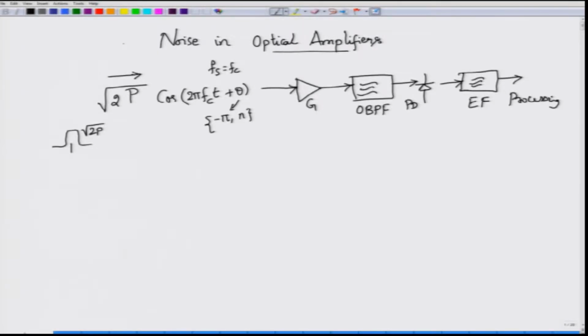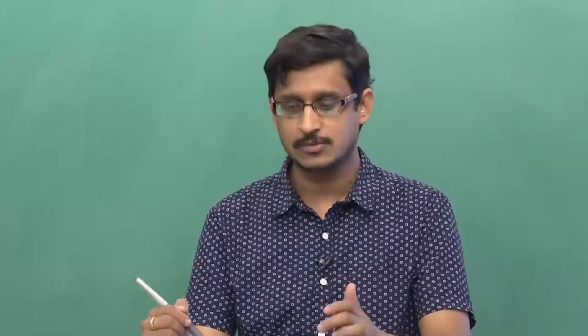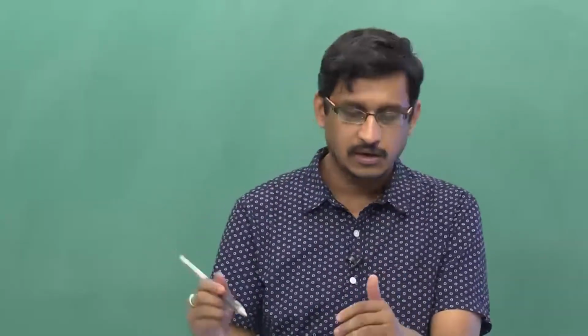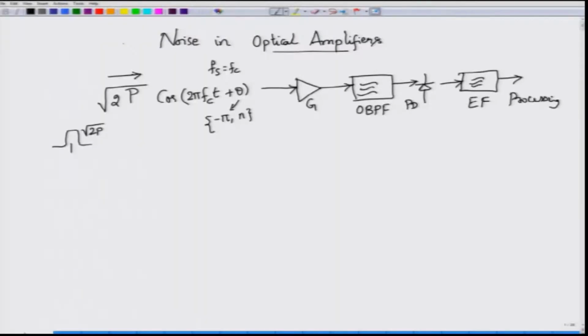Now, let us first write down the signals that you are going to see at different points on this chain, and then look at the statistics of the noise processes that go along with this. Let us call the signal that we have received, square root of 2P cos 2 pi Fc t plus theta, as S of t. After that it would be amplified by a certain factor. Please remember that this factor G is defined as the power gain, which means that amplitudes go as square root of G. Why do the amplitudes have to go as square root of G?